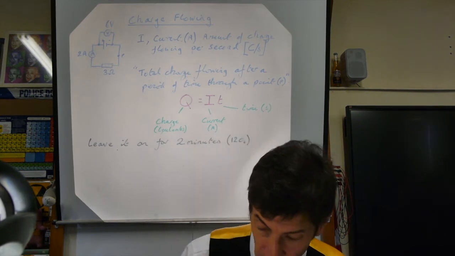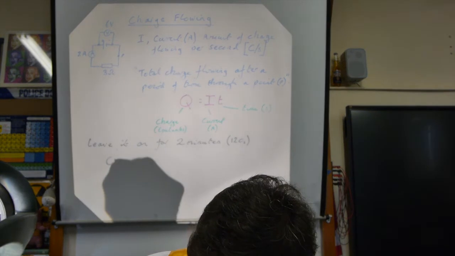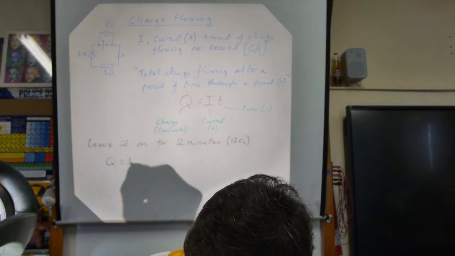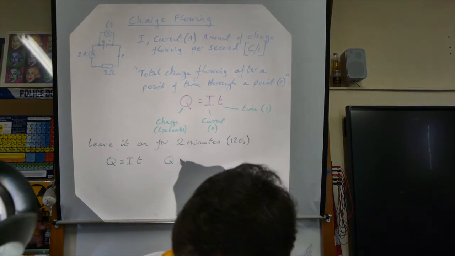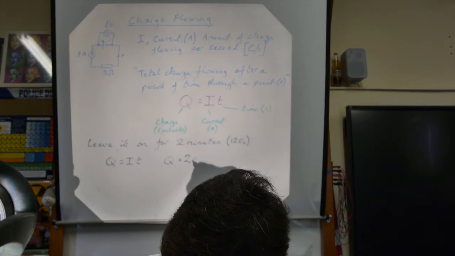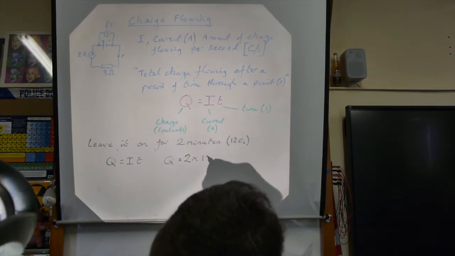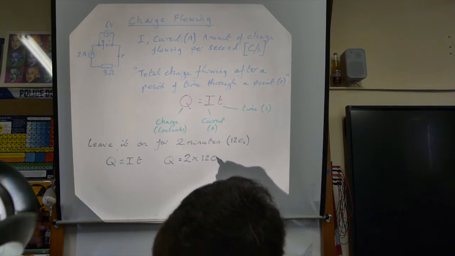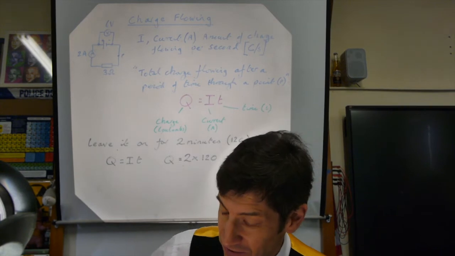Okay, so we've got our formula, Q equals IT. So the amount of charge that has flowed in this time is how many amps? We've got 2 amps times by the time in seconds, 120. Okay, so you don't need to reach for a calculator for this one.